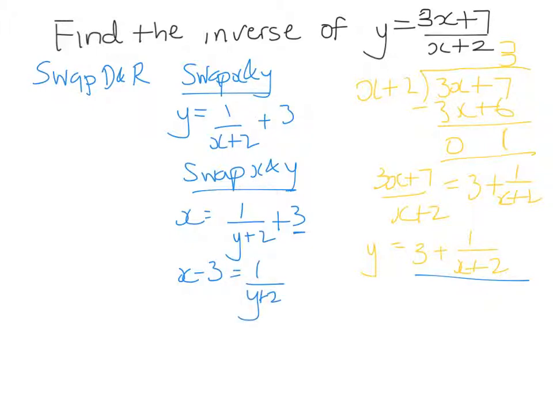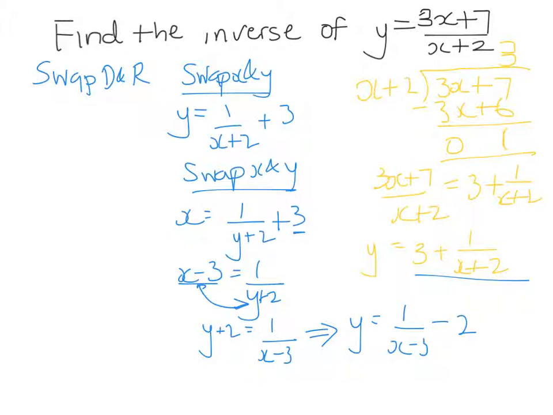And we'll take that up to there, and that one down to there. So we'll end up with y plus 2 is equal to 1 over x minus 3, and I'll keep going from there. I'll say y is equal to 1 over x minus 3, minus 2.